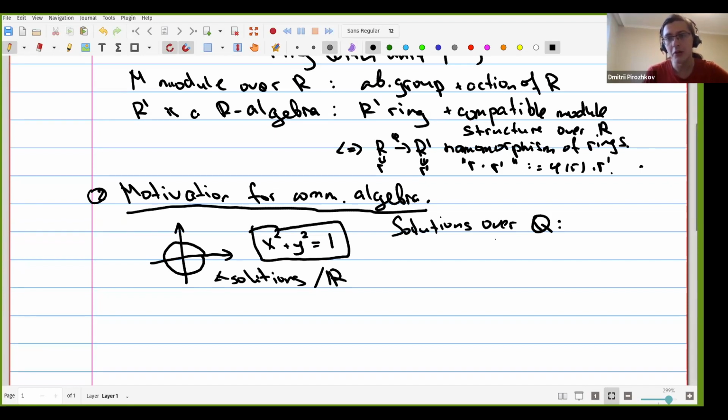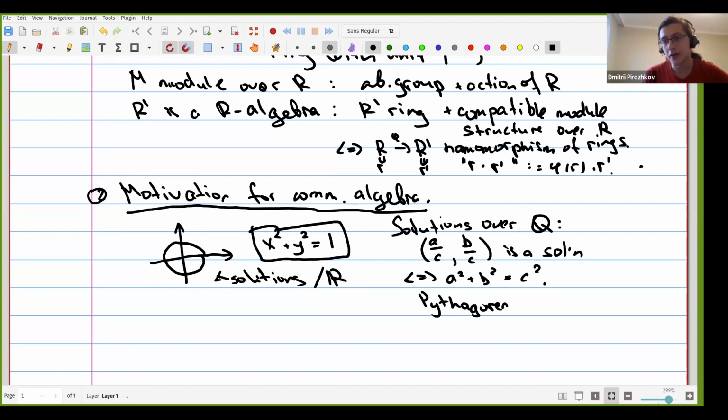For example, you can look at solutions over Q, over rational numbers. And you will see that a pair of rational numbers a divided by c, b divided by c, where I put them to the common denominator, is a solution if and only if a squared plus b squared equals c squared. So those are called Pythagorean triples, and they appear in many different aspects of mathematics.